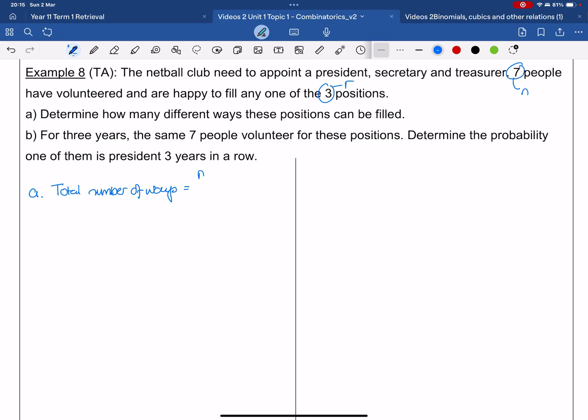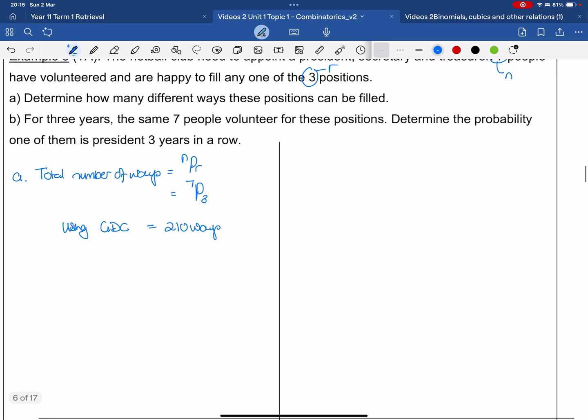So we've got nPr, and that's going to be 7P3, and this is technology active, so we're using our GDC, and we have the number of ways.